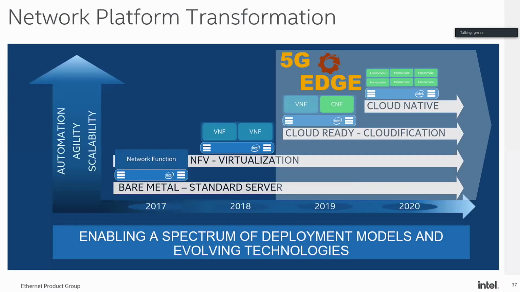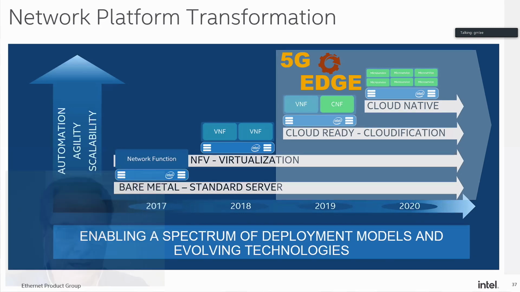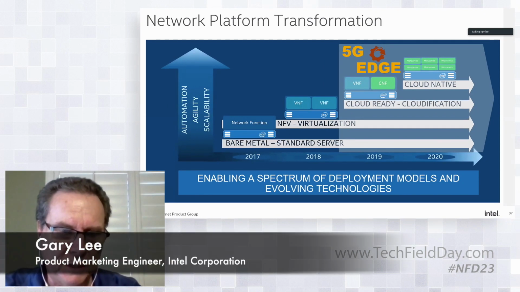One of the goals of communication service providers is to try to minimize the cost of their infrastructure as both the bandwidth increases and the number of services they provide increase over time.